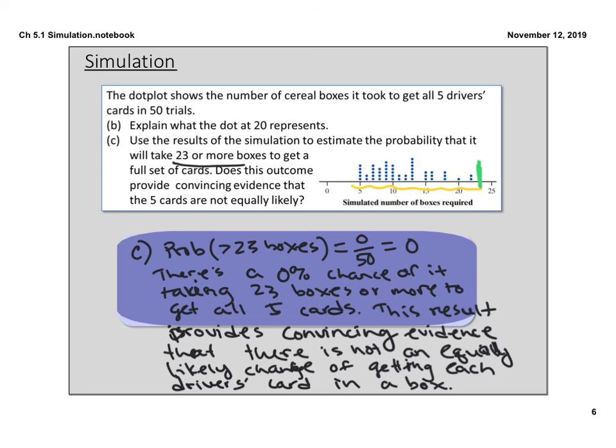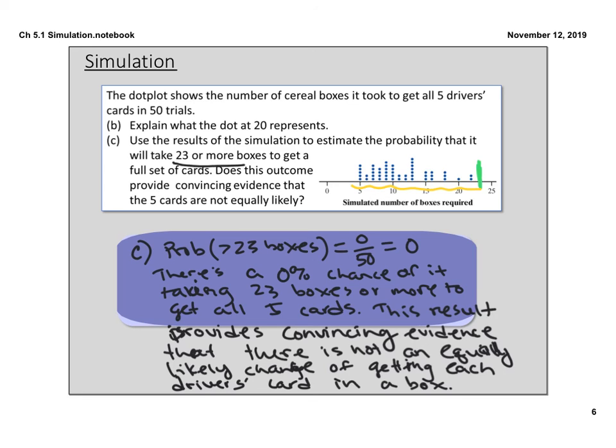In our case, it was 0% chance that we would need 23 boxes or more. So that makes it an extreme value. That makes it outside of the realm. That's really, really far away from what we would expect to happen. So since it's such an unlikely probability, we cannot say that those cards are equally likely in the cereal boxes.